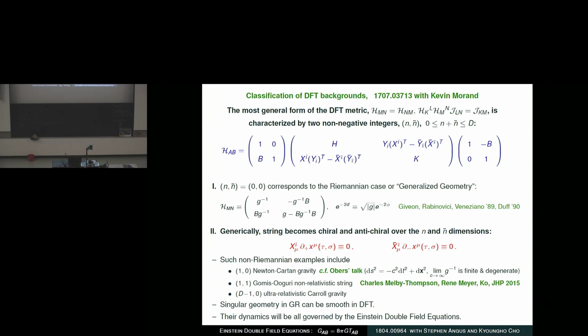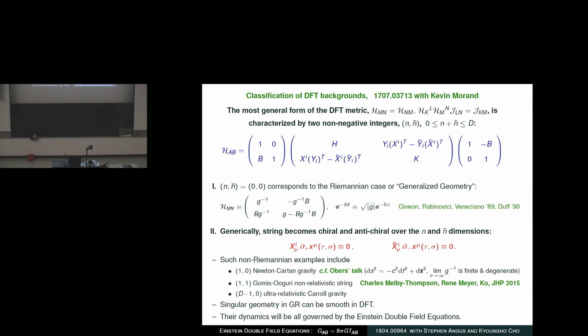Such non-Riemannian examples include 1,0 Newton-Cartan gravity. If you remember Tuesday, Niels Bohr's talk, this zero eigenvector x is nothing but what he calls absolute time. 1,1 turns out to correspond to the Gomis-Ooguri non-relativistic string.